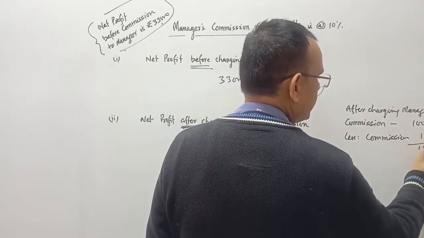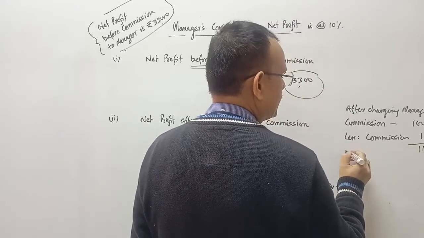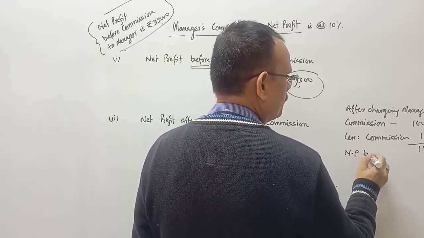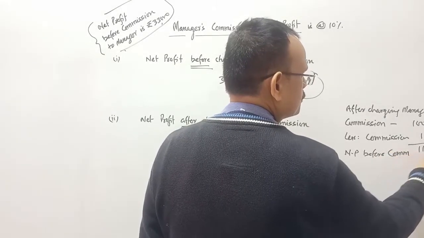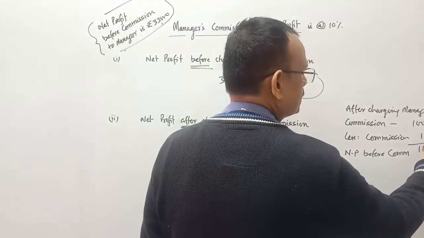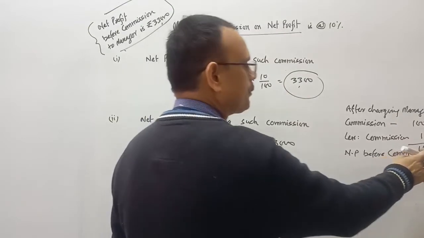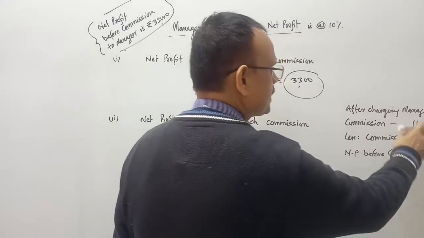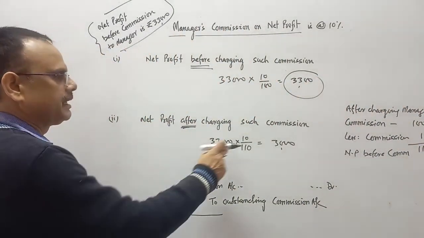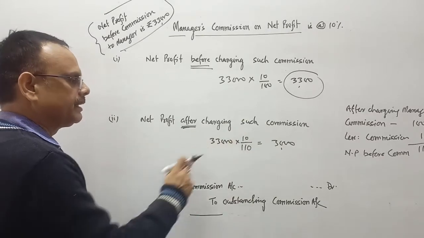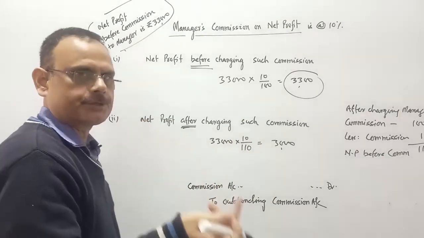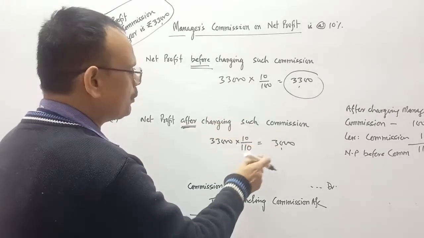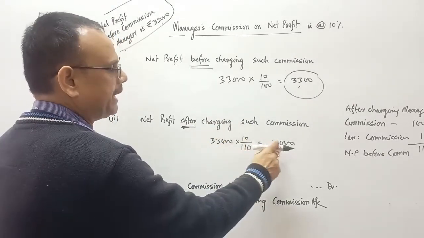So when you add it, then it is what? Net profit before commission. So you find it like this. If the net profit before commission is 110, then commission is how much? Commission is 10 rupees. The same thing is applied over here. 33,000 is the net profit before commission, then the commission will be 10 upon 110.